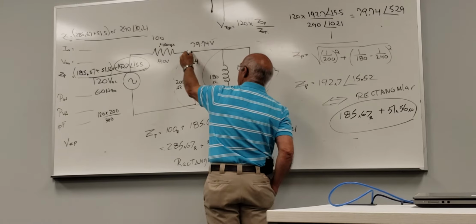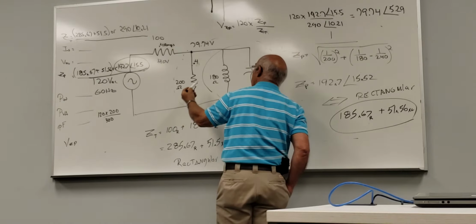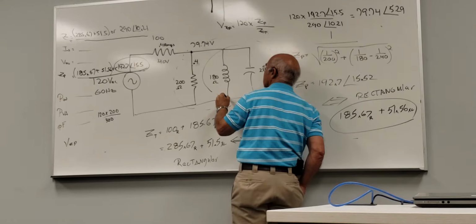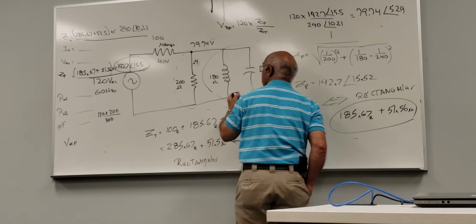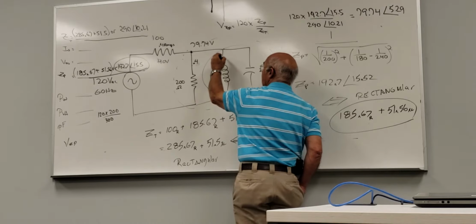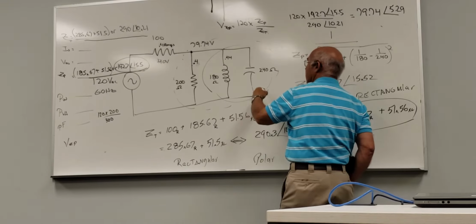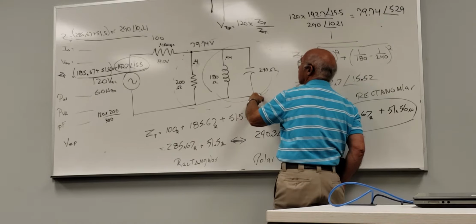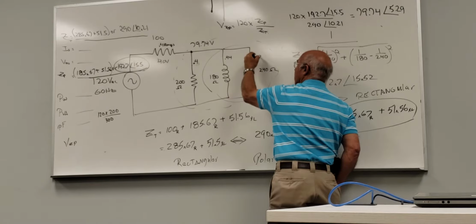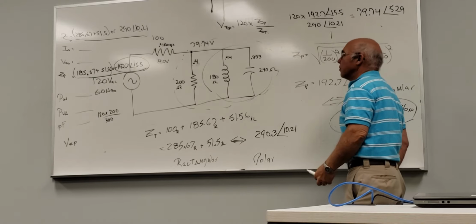I'm just rounding off to 80. Divided by 200, 0.4. Then 80 divided by 180 is 0.4444. And then 80 divided by 240 is 0.333. Now, those are the currents.